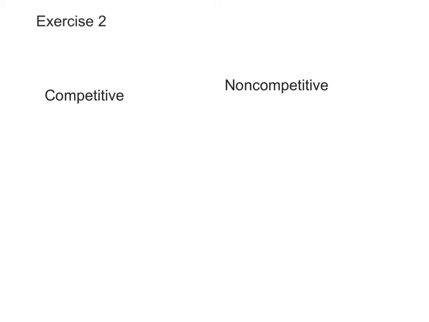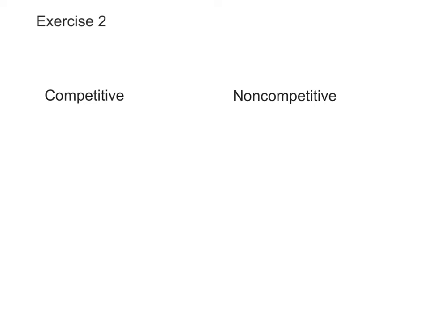All right, let's move this over down a bit. All right, so with the competitive inhibitor, it's going to be structured similarly to your substrate. And so you remember you've got your enzyme, your substrate, your product. Okay, so let's draw again.